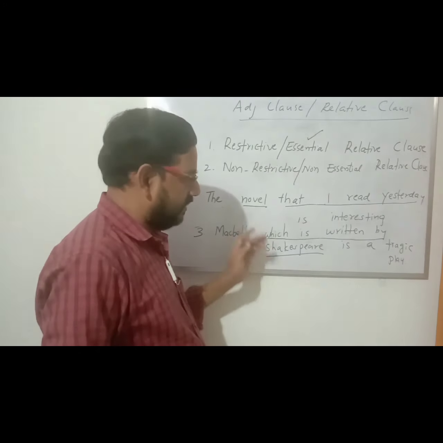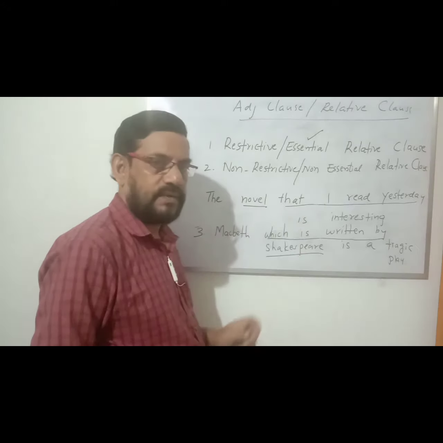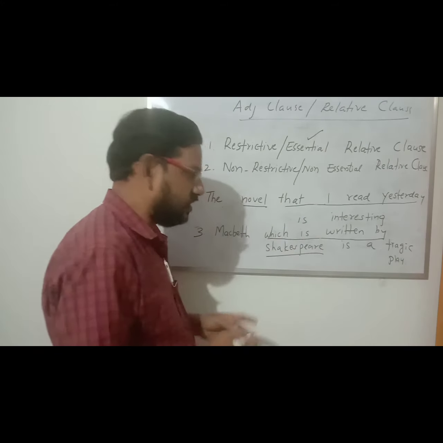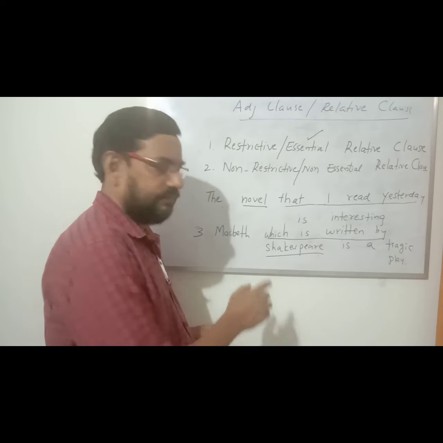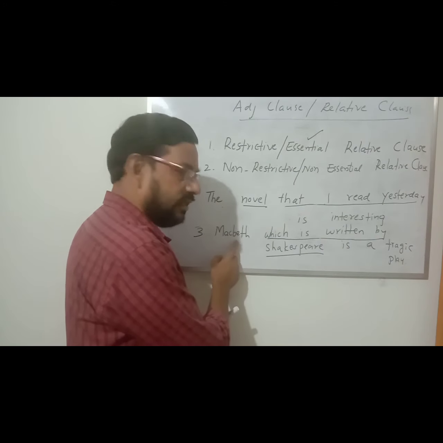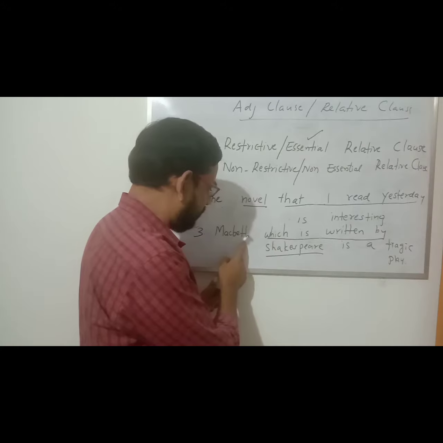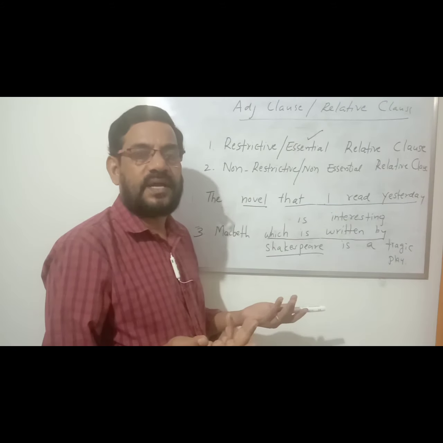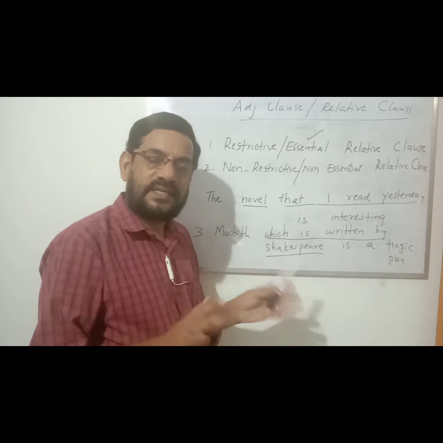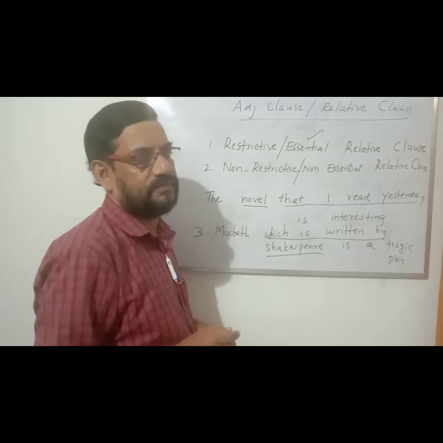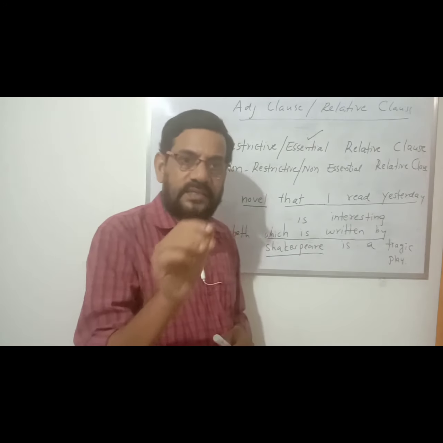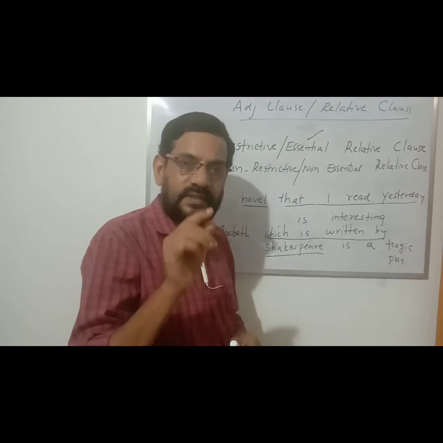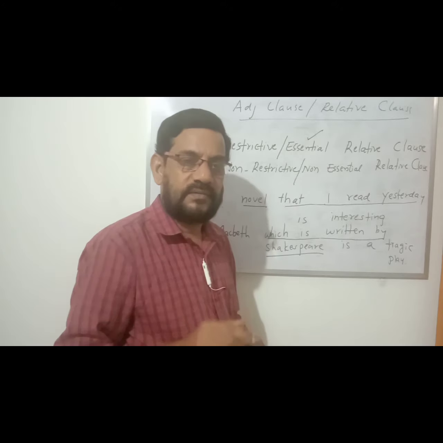Okay. Check if we remove this, what happens to this sentence. Remove that, which is written by Shakespeare. What is the remaining part? Macbeth is a tragic play. Meaning is complete. Sense is complete. If you tell somebody Macbeth is a tragic play, you are conveying a complete meaning.